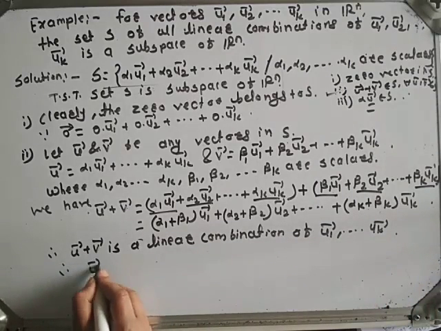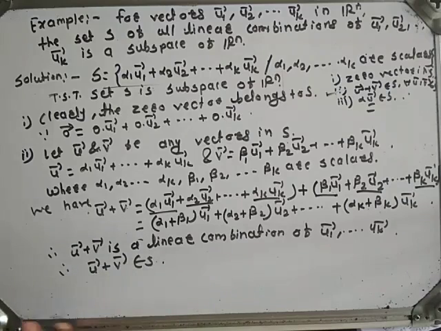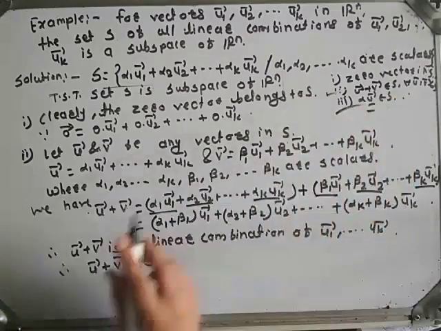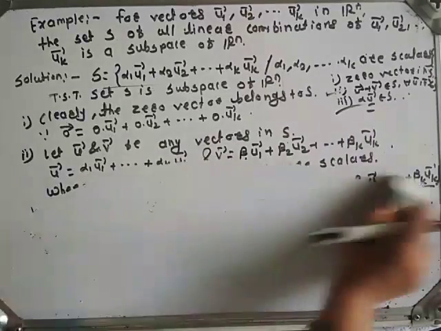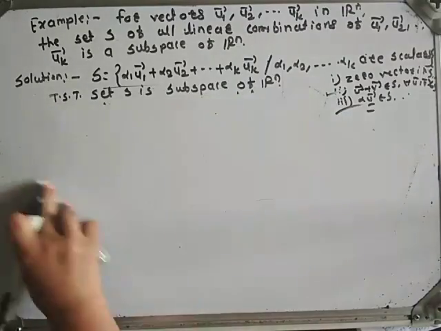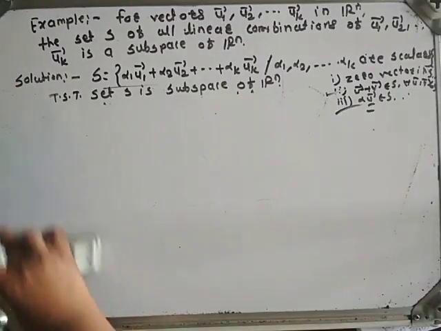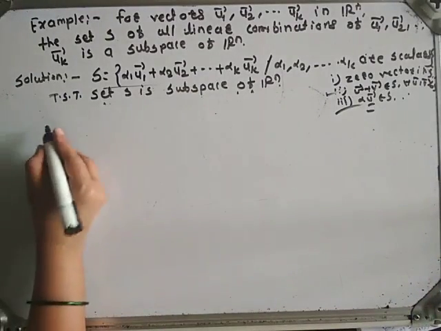Therefore u bar plus v bar belongs to set S. Okay. Now we have to prove the third property: alpha into u bar belongs to S for all u bar belongs to S and alpha is any scalar.